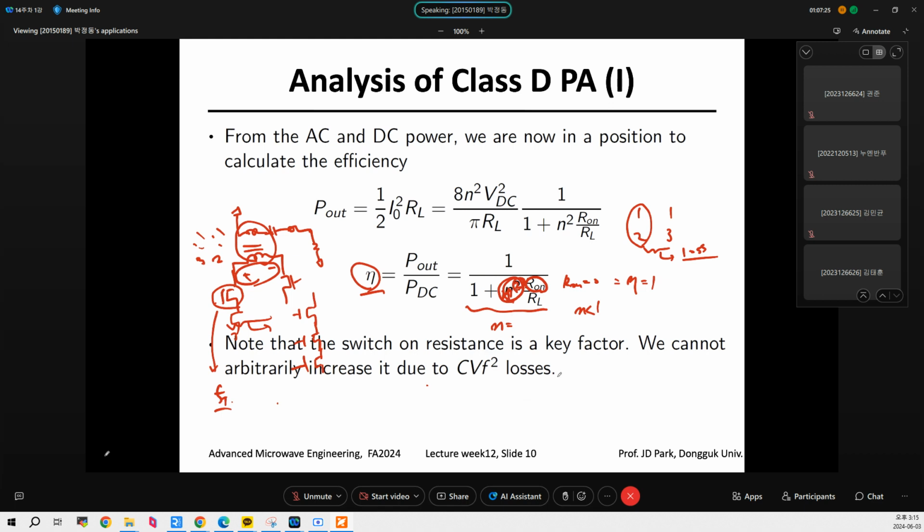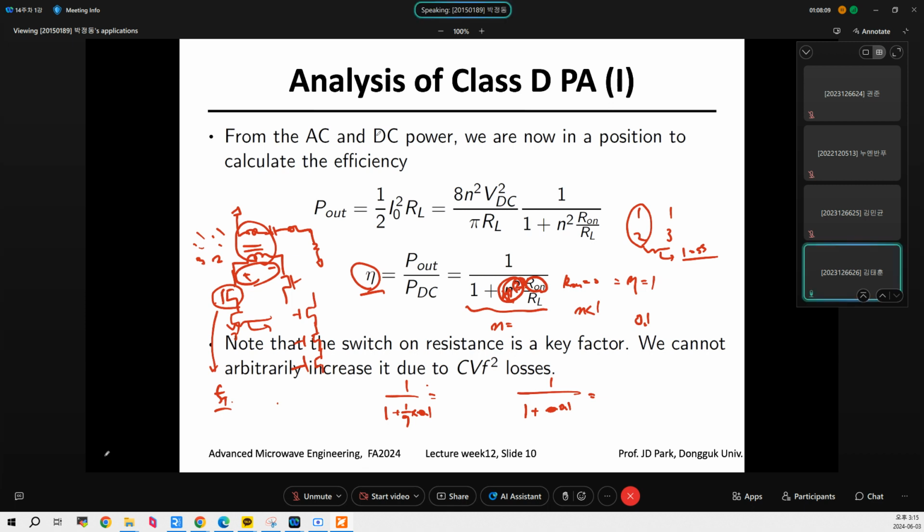For example, let's say R1 to RL is just 0.1 over 1. And if n is 3, then this is 9 plus 0.1. So let me calculate that ratio. 1 divided by 1 plus R1 to RL divided by 9.